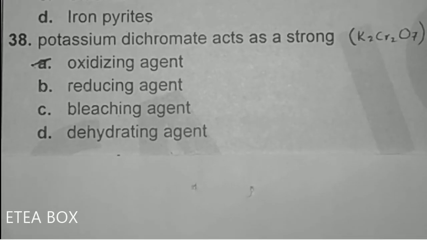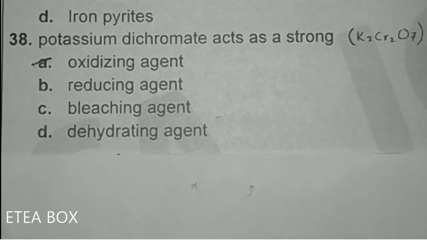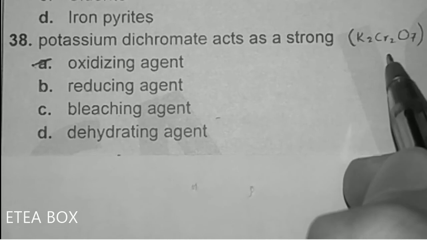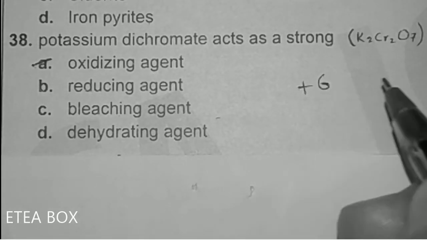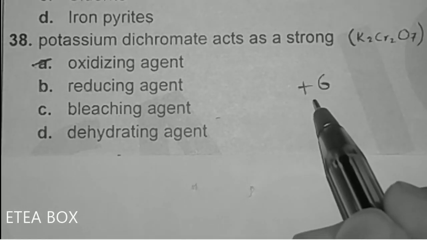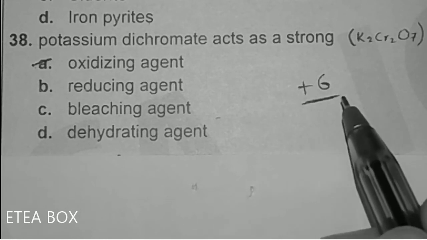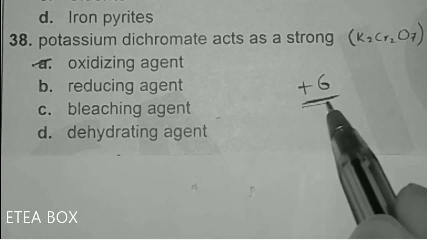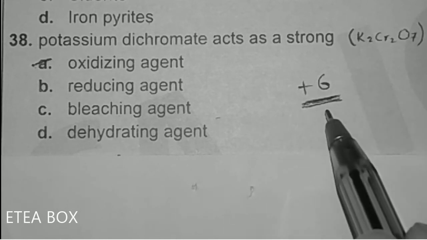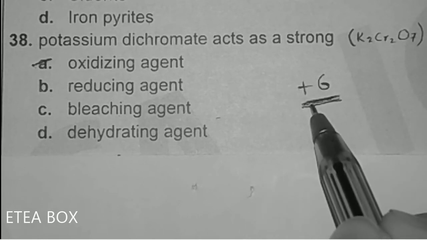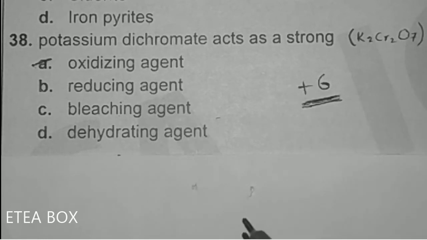Potassium dichromate acts as a strong oxidizing agent. Option A is correct here. Look, the oxidation state of chromium in potassium dichromate is plus 6. I have told you that this plus 6 will act as an oxidizing agent because it has the ability to gain electrons. That's why it will act as a strong oxidizing agent.